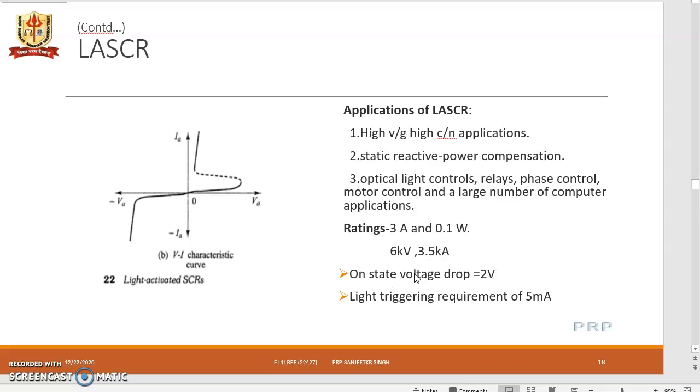So it can be manufactured that way. The on-state voltage drop across a conducting LASCR is of the order of 2 volt. The light triggering requirement of the LASCR is 5 milliampere. So that is about the light activated SCR.